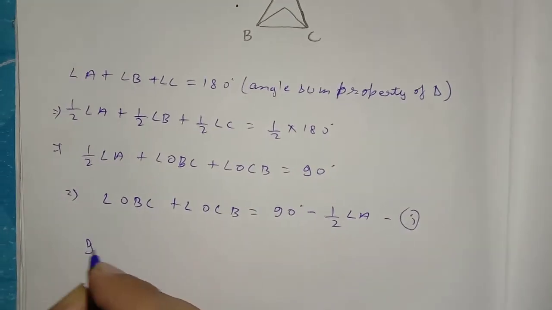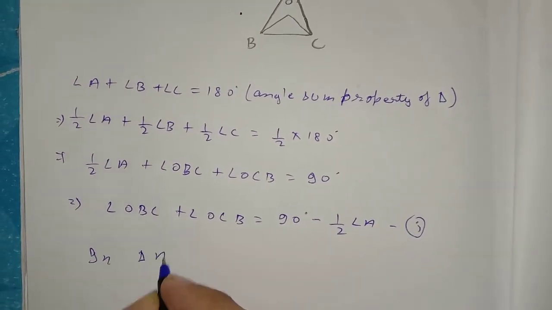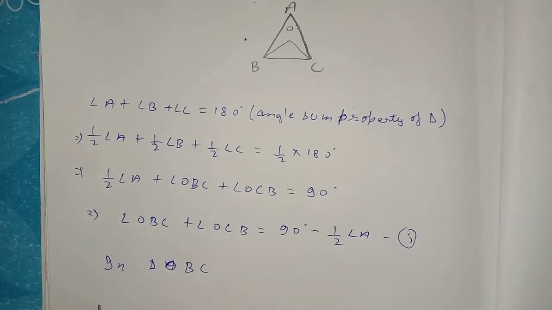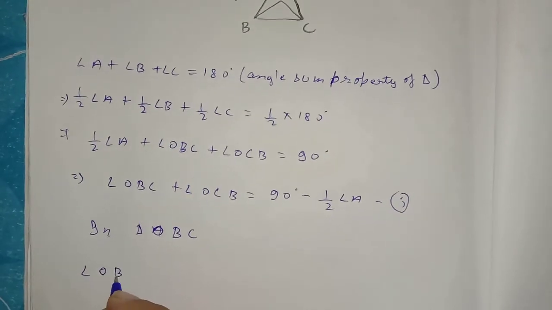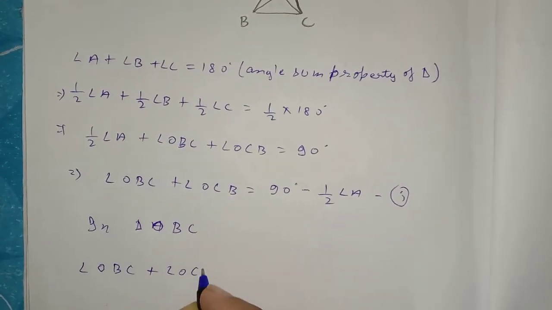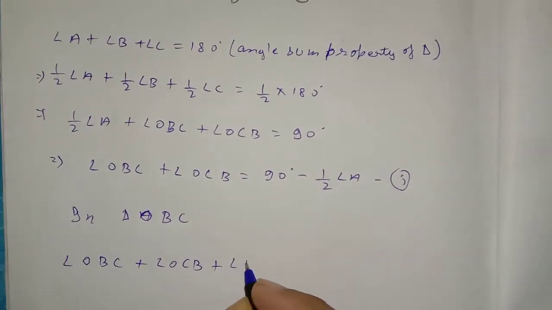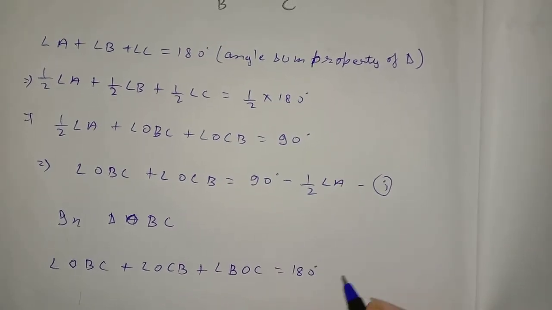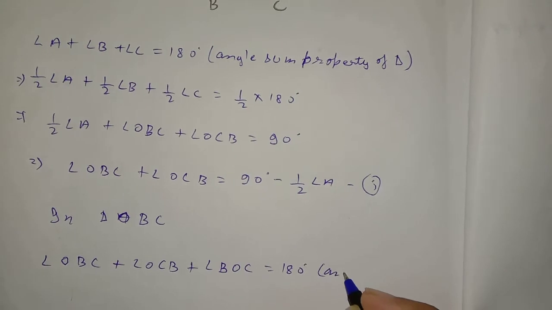So in triangle OBC, angle OBC plus angle OCB plus angle BOC is equal to 180 degree by angle sum property of triangle.